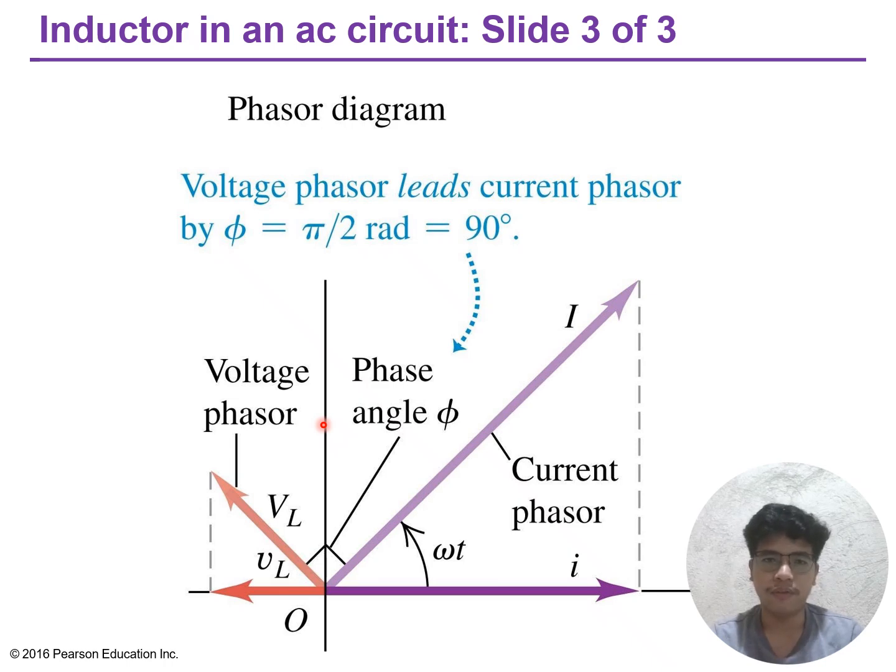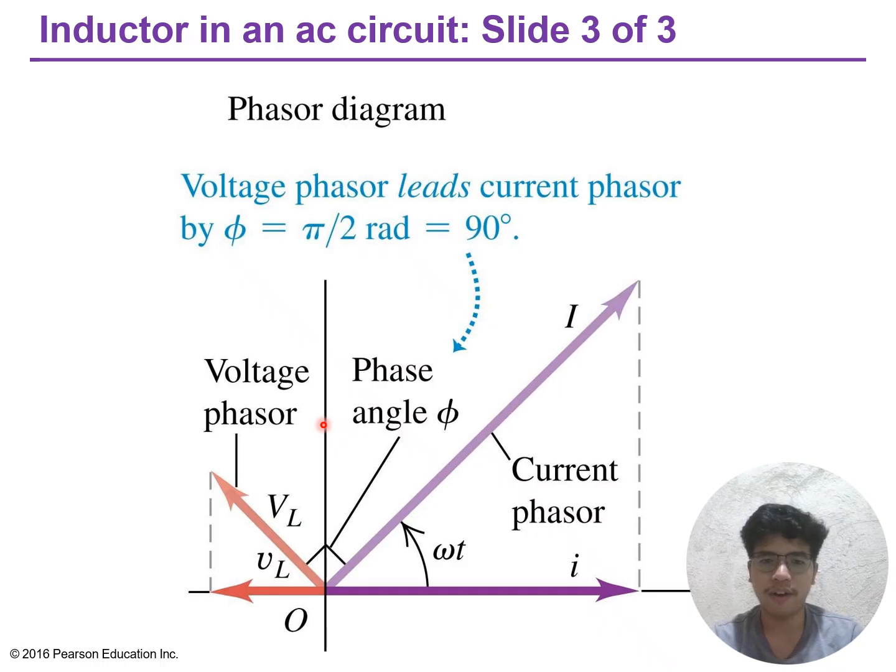The voltage waveform reaches its peak and crosses zero 1/4 of a cycle before the current waveform, a temporal separation that corresponds exactly to the 90-degree phase difference in the phasor diagram.